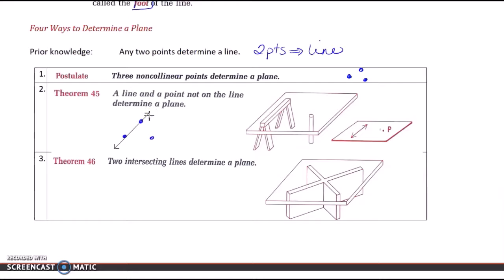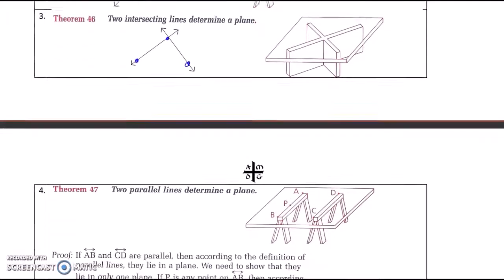So thus, does it follow then that a plane could be established by a line and a point? It does. And if 3 points determine a plane, would it also follow that 2 intersecting lines would determine a plane? It does.